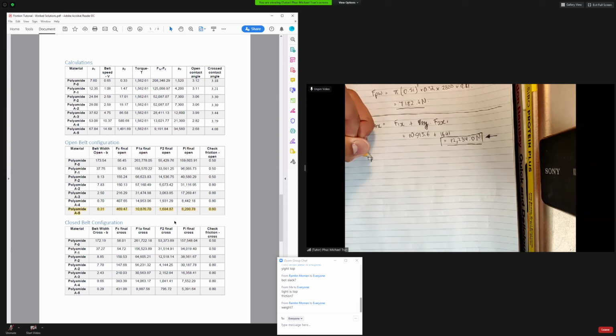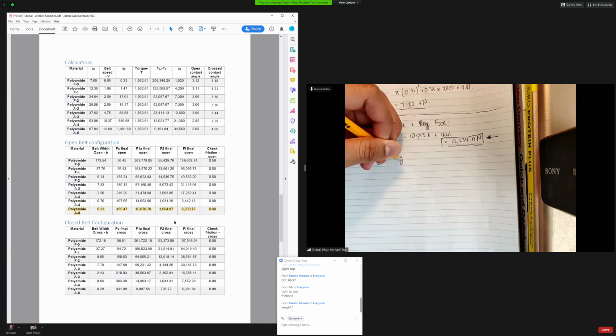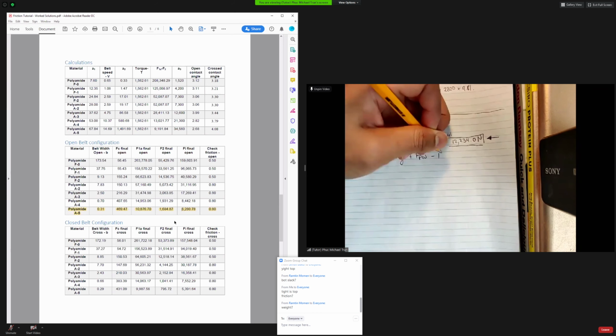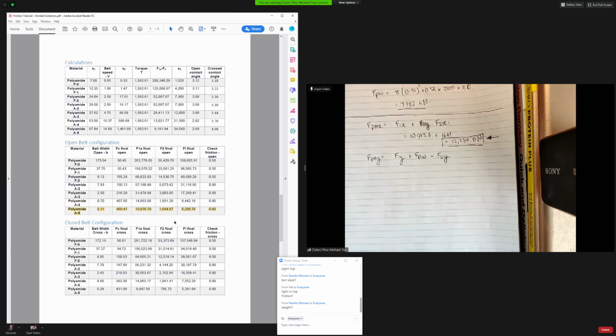Same with FPAY: we've got F1y plus FPW minus F2y. Make sure you get the directions of these correct as well.